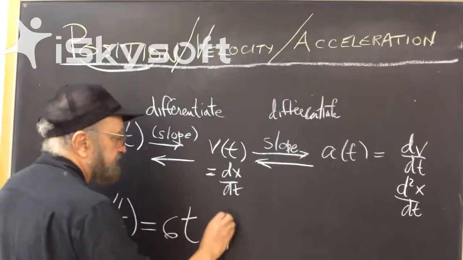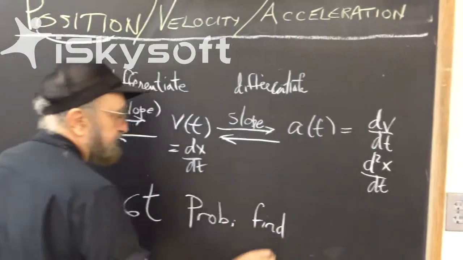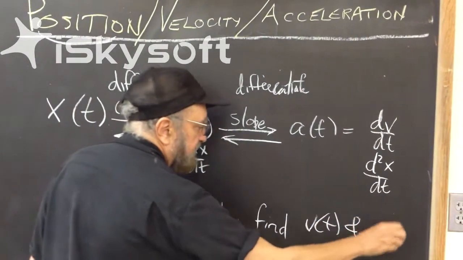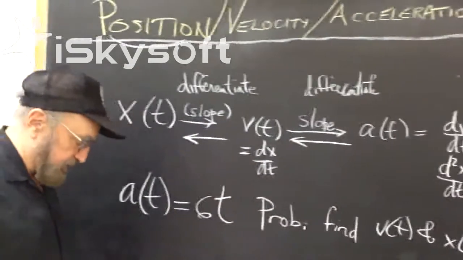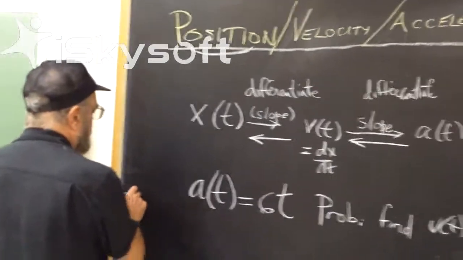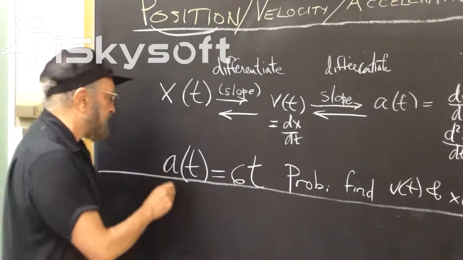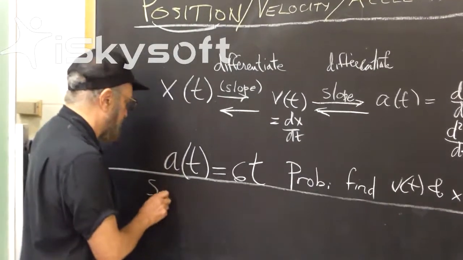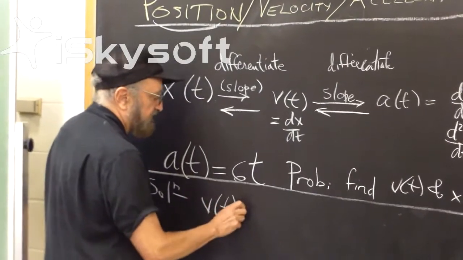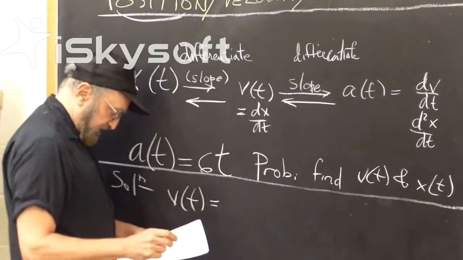Problem. Find v of t and x of t. How do we do it? Solution. To get v of t, you must have a function that when you differentiate it, it comes to 6t.